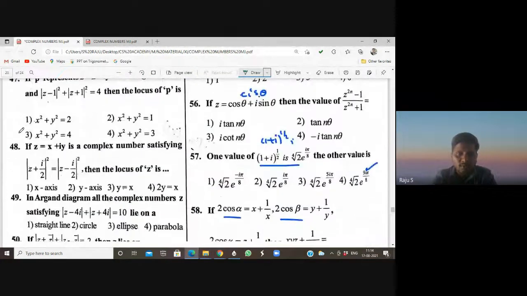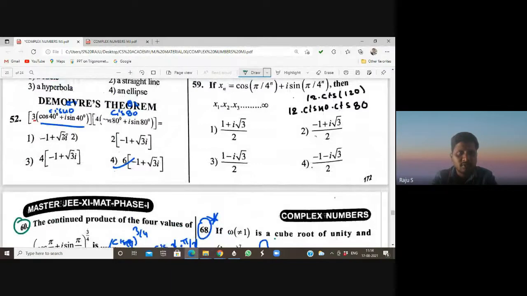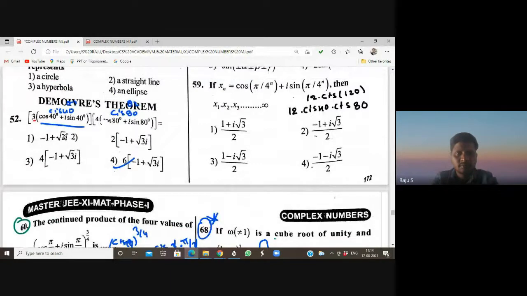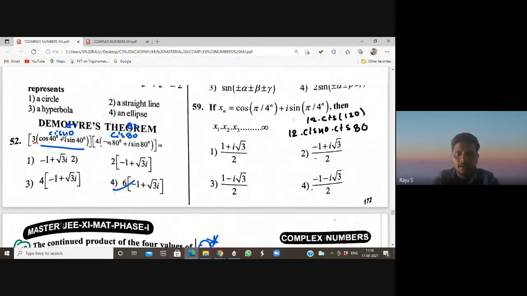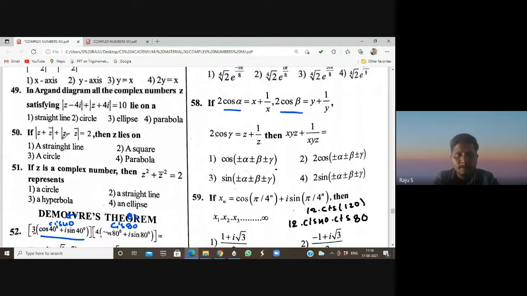What are the questions I'm going to explain, because these are related to the previous one, the 61. Okay, then 59. What are the questions we need to do? 58 and question number 59. 59 and 60.